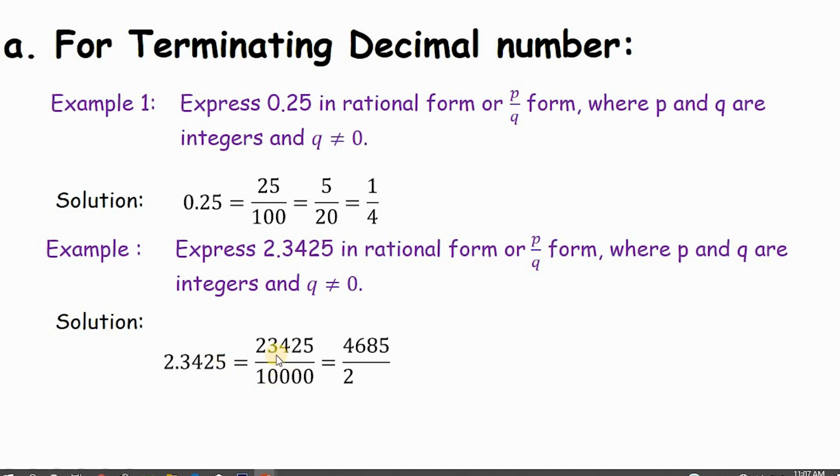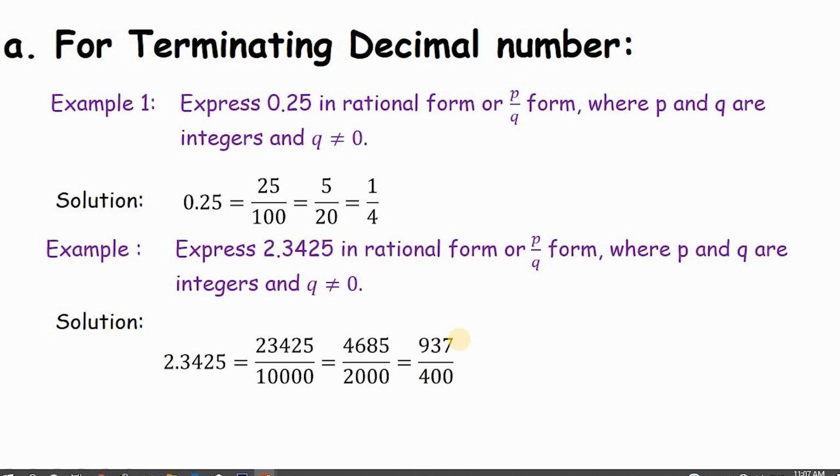Here you have a common factor 5, so divide both numerator and denominator by 5, you get 4685 by 2000. And again you have the common factor 5, you divide both numerator and denominator by 5, you get 937 by 400. And this is our required rational form of the given decimal number.